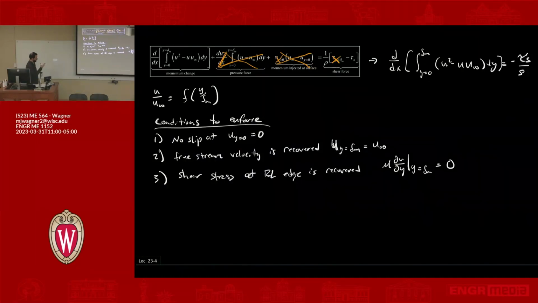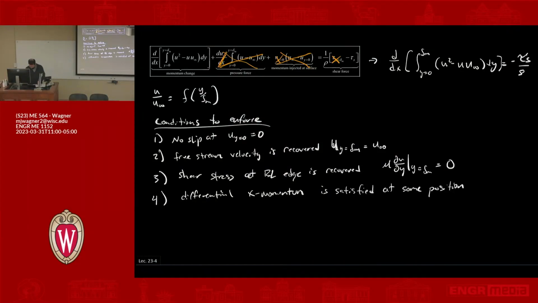So we're taking these physical concepts and coming up with mathematical expressions that we would then enforce. An additional thing would be saying that the differential x momentum equation is satisfied at some position.